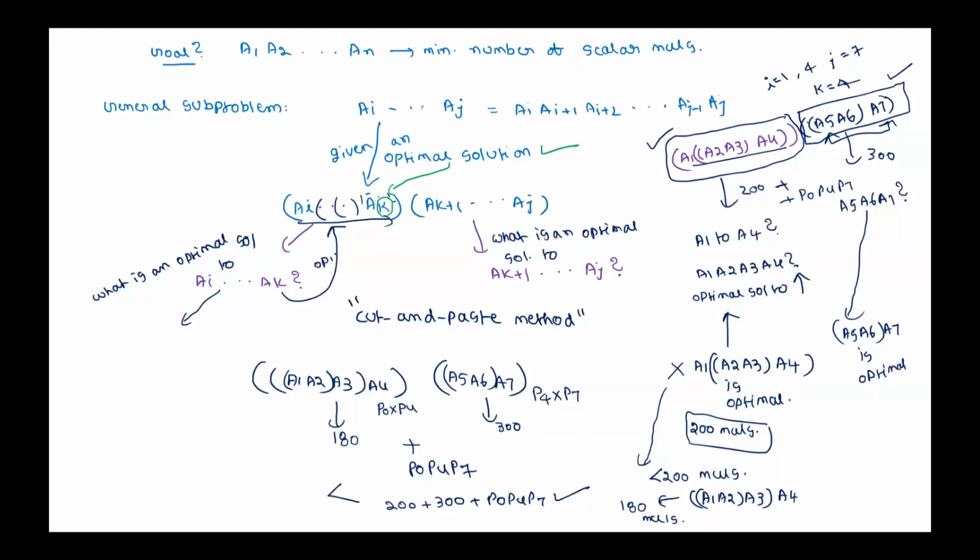Similarly, for this also, whatever method they followed in order to multiply Ai to Aj, the same thing is the optimal way. So what have we shown here? The optimal solution to a problem contains within it optimal solutions to its subproblems, or not?